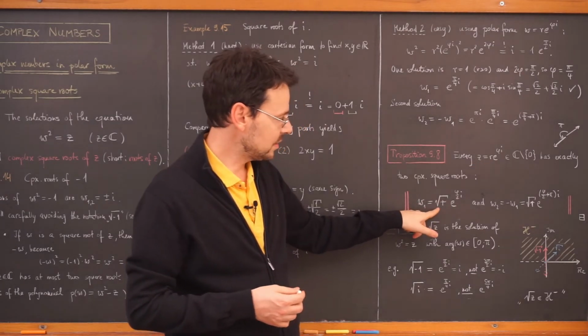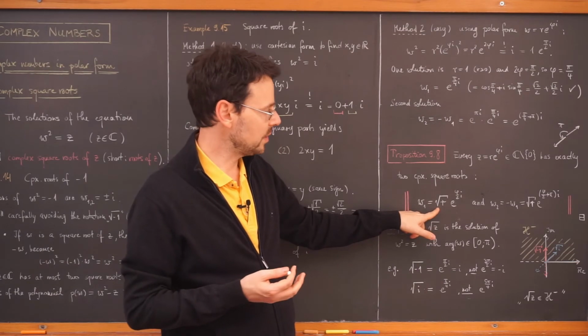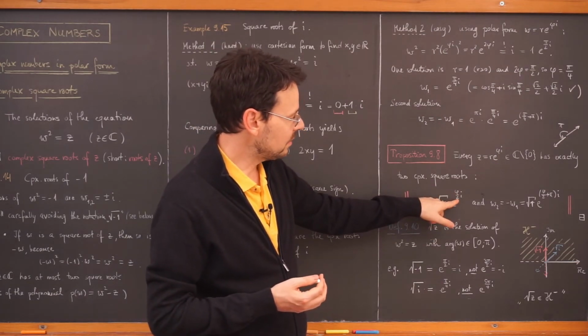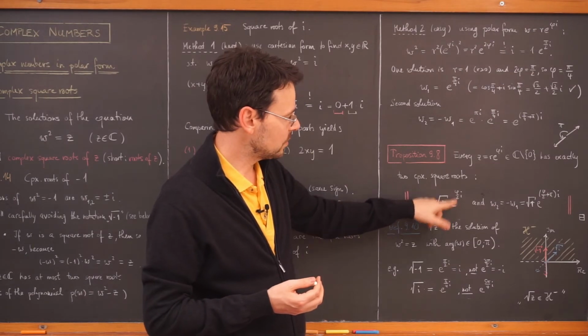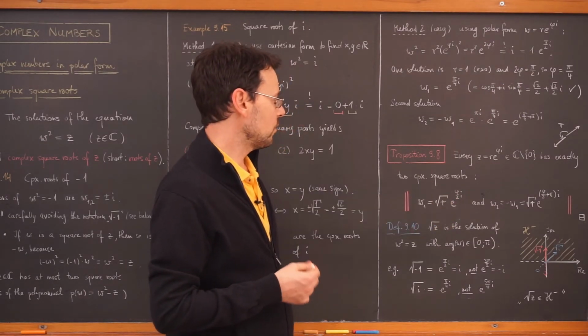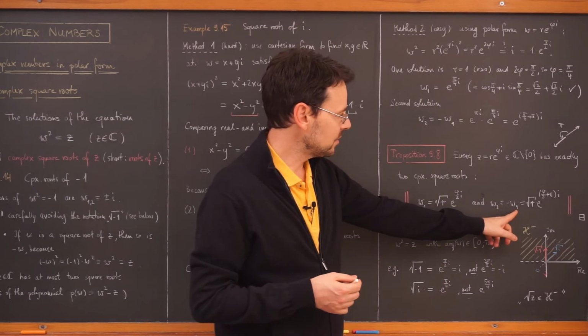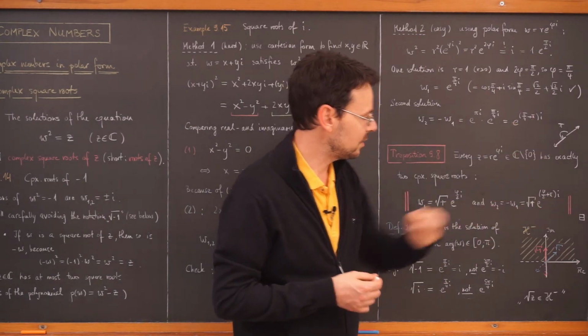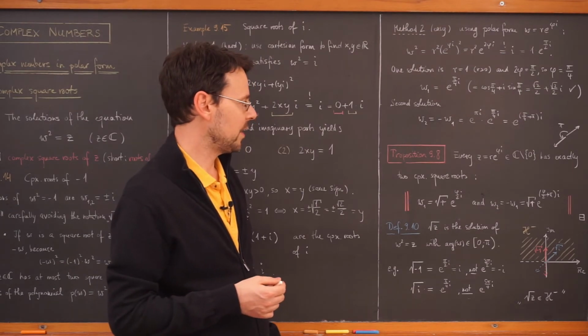And important, this is the real square root. r is a real number, so here we're taking real square roots and dividing the angle by 2. So e to the phi over 2 i. And the second square root is simply the negative, or if you want to write it like that, you add pi to the angle phi over 2.